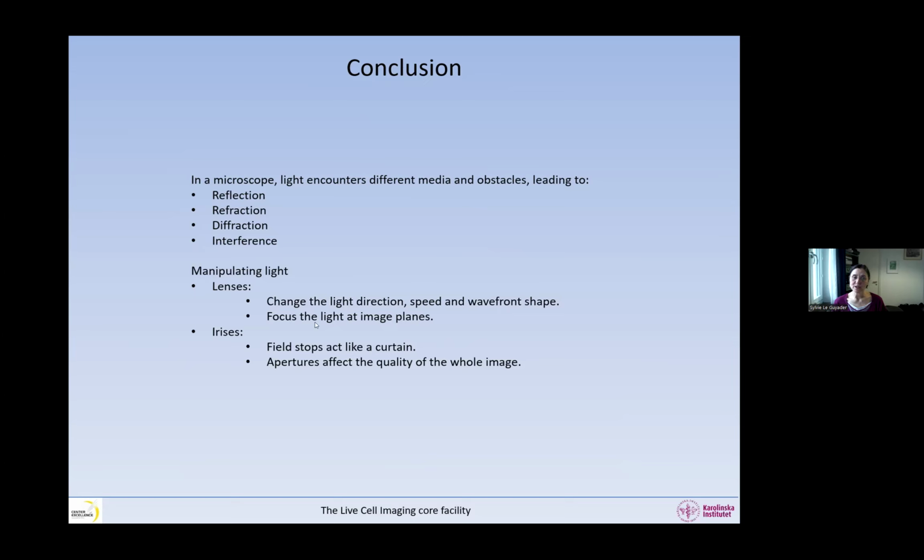But we can also use them to focus the light at image planes, and this is very useful, clearly, in a microscope. We can also manipulate light with irises: field stops act like a curtain, and apertures affect the quality of the whole image. These two are the same thing, they're irises, but they're placed at different places in the microscope.